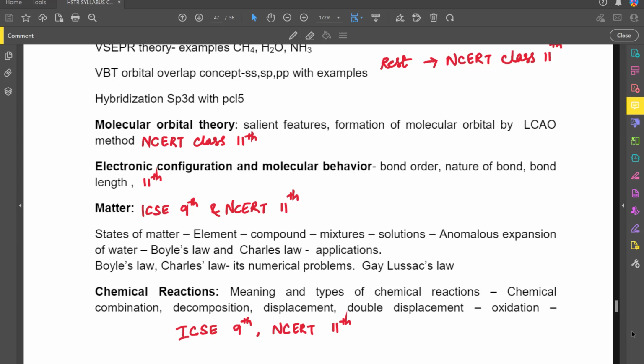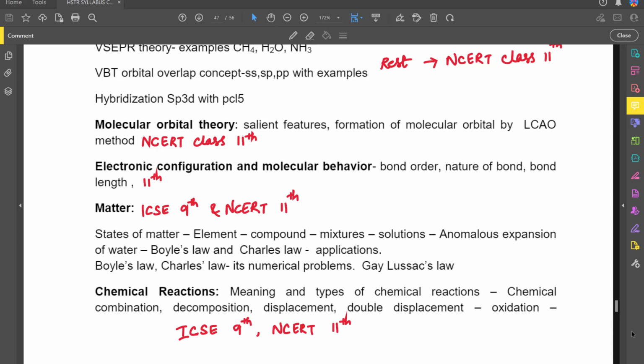Next is matter. Some portion of this we are reading right from primary, right? State of matter, element, compound, mixtures, solutions. But then the anomalous expansion of water, Boyle's law, Charles' law, and applications, all this is there in the ICSE 9th textbook also. And of course you will find all of this in the NCERT 11th textbook also.